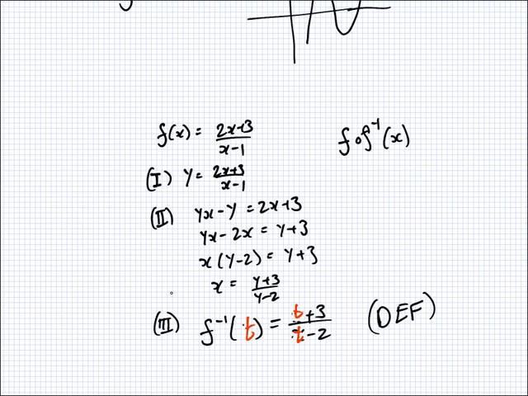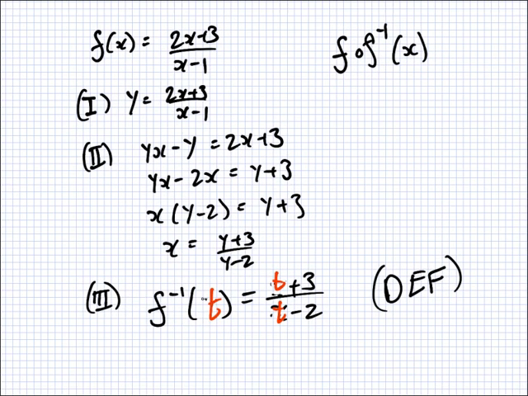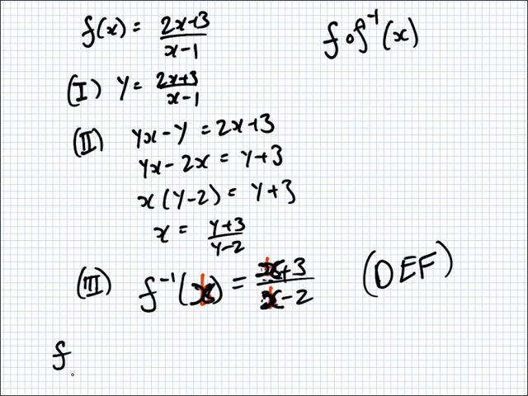So what is f inverse? f inverse is (x plus 3) over (x minus 2). Watch. What's f of 2? 7.